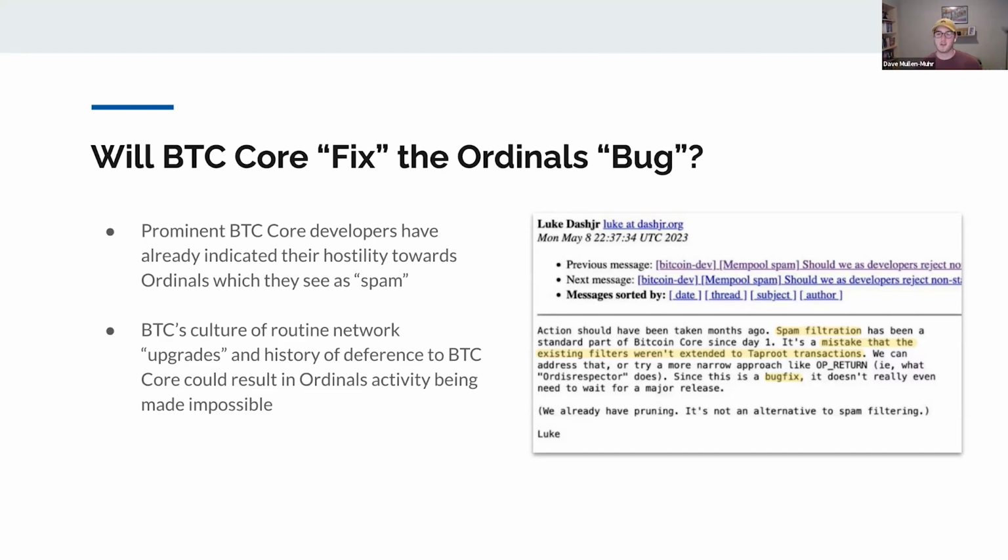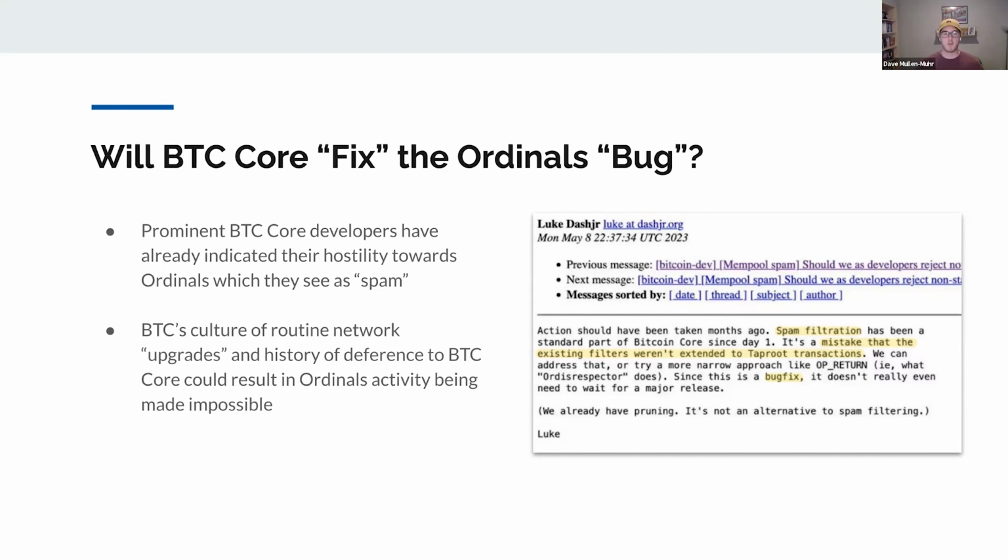So he suggests that this is a simple bug fix. Ordinals are a bug, so it doesn't even really need to wait for a major release. They can just push this unilaterally from the top and squash the Ordinals activity on BTC. This might seem like something that won't happen. Why would you crush tens of millions of dollars of economic activity? But BTC culture is really oriented around routine network upgrades.